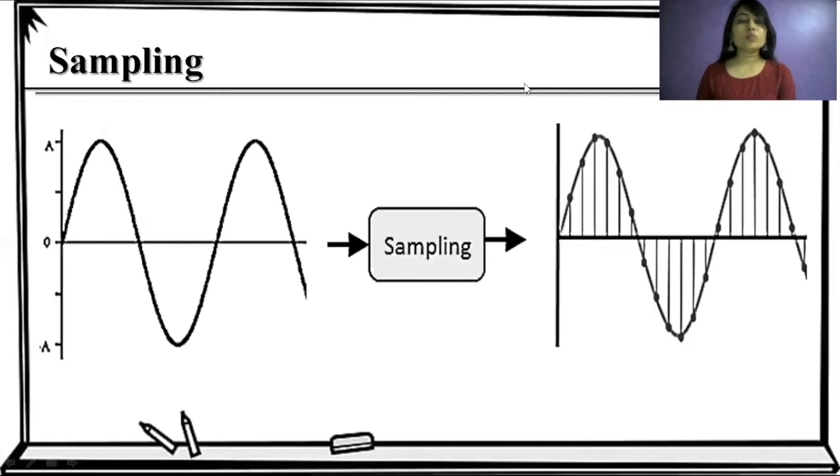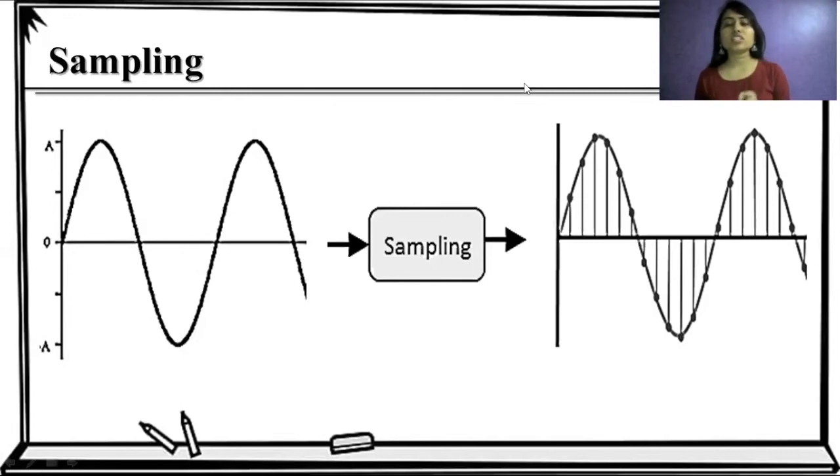Here we have the process of sampling. Here we have a diagram of analog information with continuous data, which has an amplitude of positive A and negative A, and this continuous analog information can be converted into a few values by sampling. So this continuous analog information is converted into the following form using the sampling block.